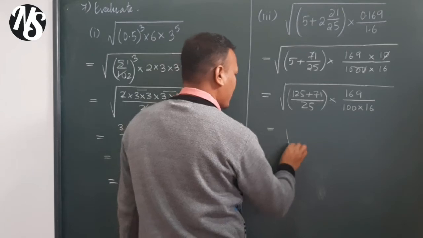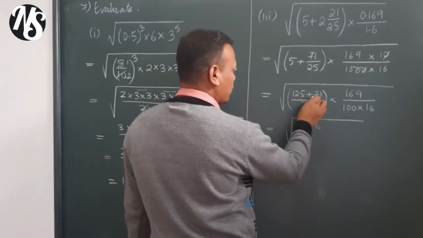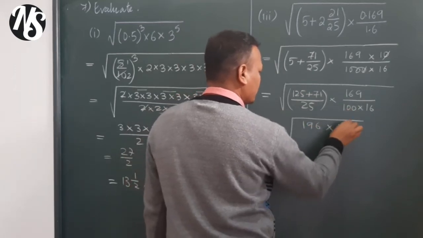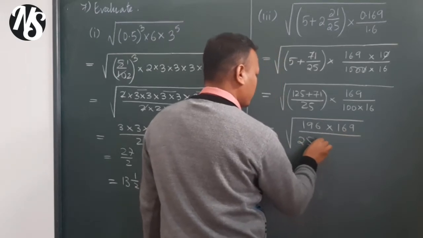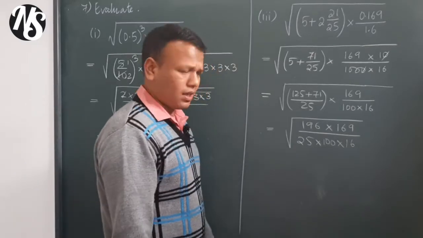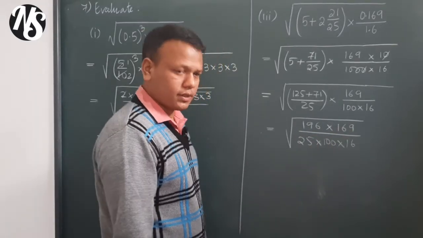Okay, so let's add now. So 1 is 6, so 7 plus is 9, so 196 into, we have 169 divided by 25 into 100 into 16. Okay, now if you see here, all of these are perfect square numbers, isn't it?